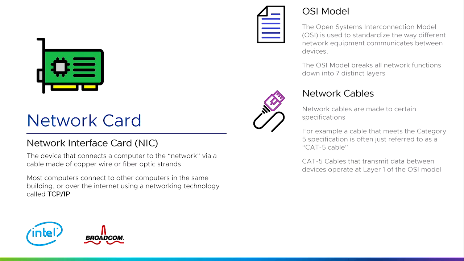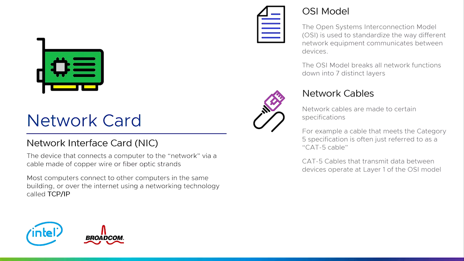So the first thing we're going to talk about is network cables. You'll often hear network cables referred to as Cat5 cables, even though modern ones are Cat6 or Cat7. It comes from the original term, which meant a cable that meets the Category 5 specification. But you'll often hear network cables that are Category 5, Category 6 or 7 still referred to as just a Cat5 cable.